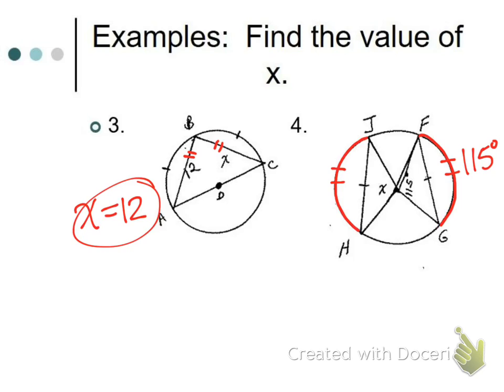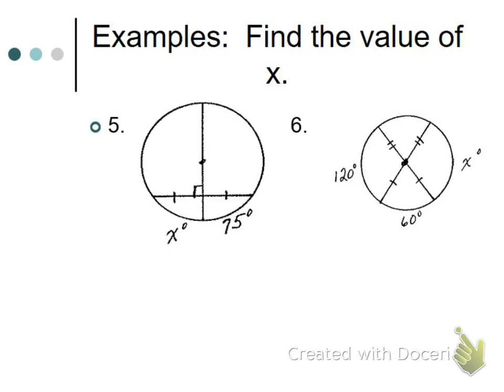It comes from the central angle, which means the arc JH is also 115 degrees, which means its central angle, which is labeled X, has to measure 115 degrees. So we had to connect a few ideas to get there, but those angles are intended to be congruent. Questions about that second one? Other than the poorly made diagram?